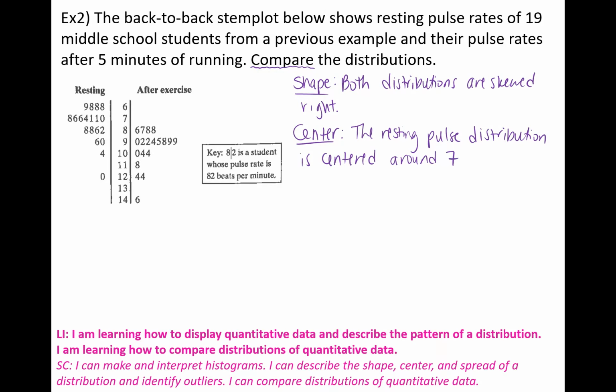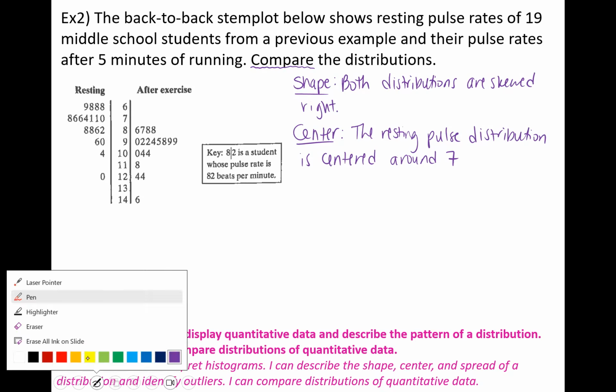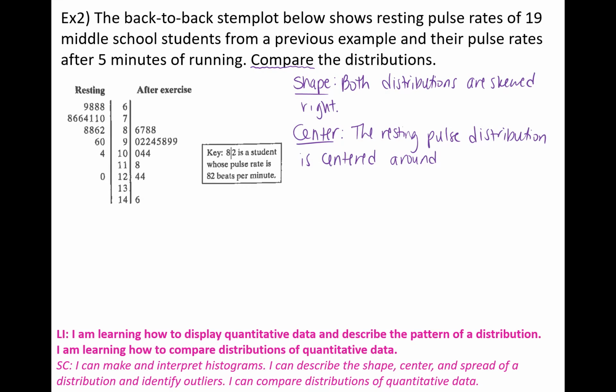That's me making a guess. I'm sorry, I'm saying 7. That's my stem. So keeping in mind what that means, centered in the 70s. So actually I should make that fit the context rather than saying 7, the stem. I can see it's kind of centered in this general area. So I'm going to say around the 70s.